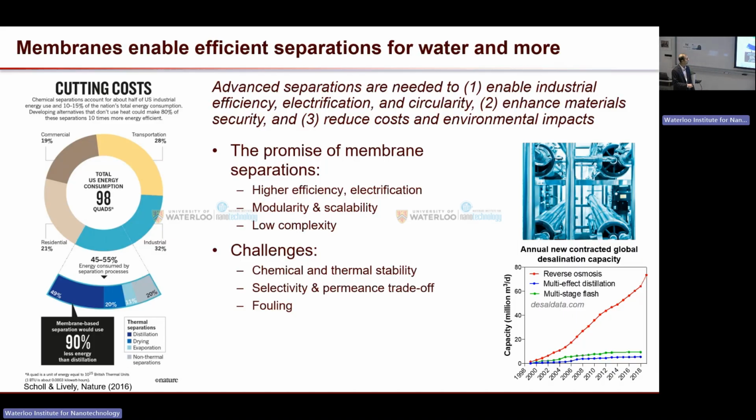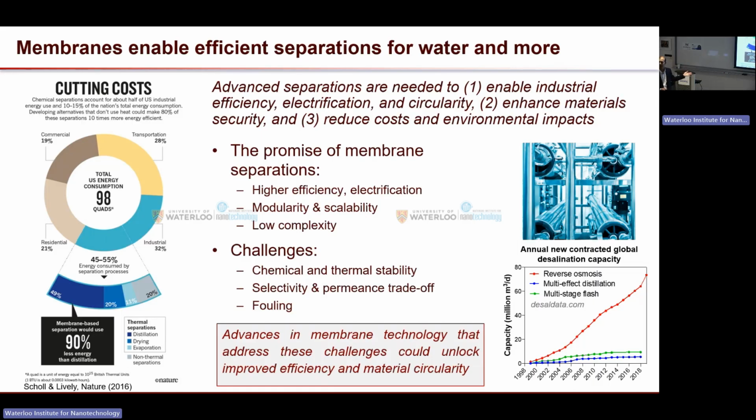So there's a trade-off, and membranes tend to get fouled. So you can get various coatings that form that then compromise the performance. And so if we can advance membrane technologies to tackle some of these issues, then there is opportunity to unlock more industrial efficiency. So this is just setting the context for some of the work I'm going to share with you today.